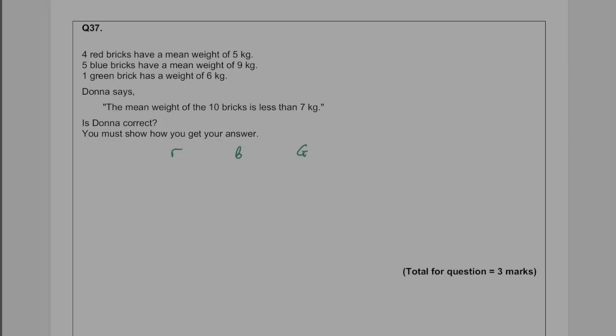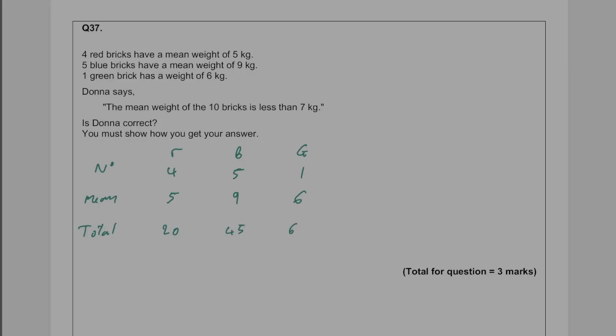So the numbers, first of all, are 4, 5, and 1. The mean weight is 5, 9, 6. So the total weight would be 4 times 5, that would be 20. 9 times 5 would be 45, and 1 times 6 would be 6.